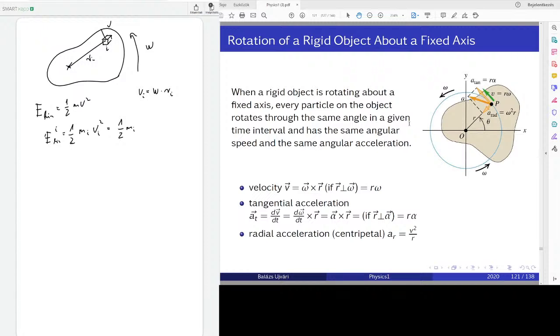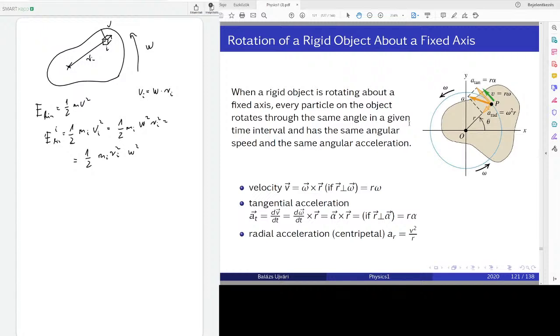So it's omega squared r_i squared. Let's say this is 1 over 2 m_i r_i squared omega squared.